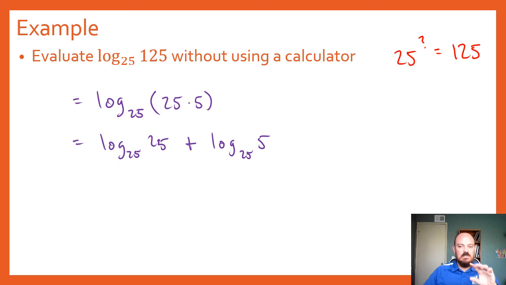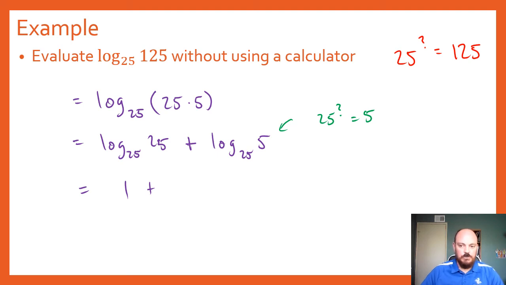Now each one of these I actually can answer. The second one's a little trickier. The first one is asking me 25 to what power is 25? The answer to that question is 1. The second one is asking me 25 to what power equals 5?